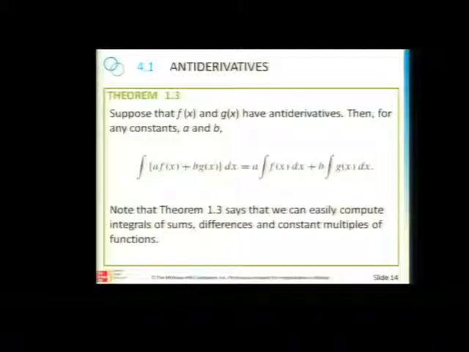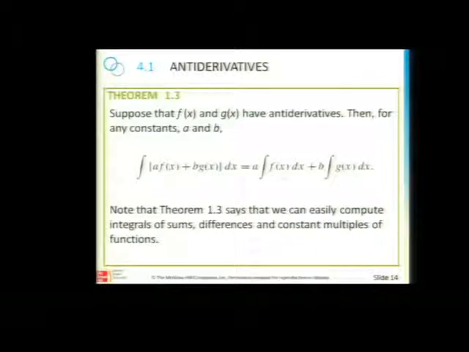Okay. Then of course we must have more and more rules to help us, so that we can handle more difficult situations, right? So this theorem 1.3 says that if you integrate a constant a times f(x) plus a constant b times g(x), then we can separate this into two integrals, one for f(x), one for g(x). And then the constants a and b can also be brought outside the integration.